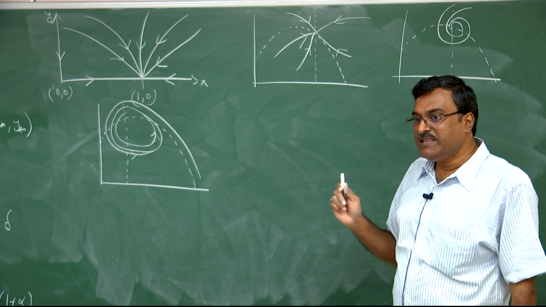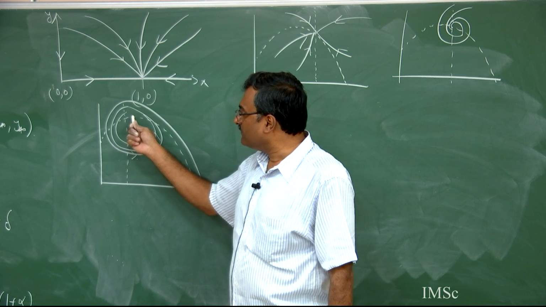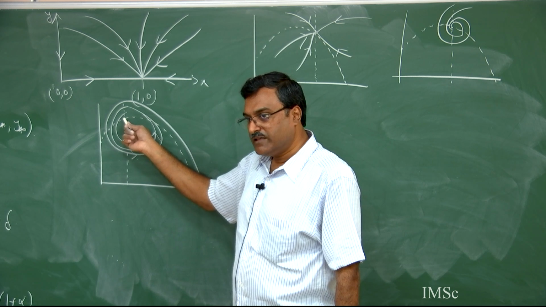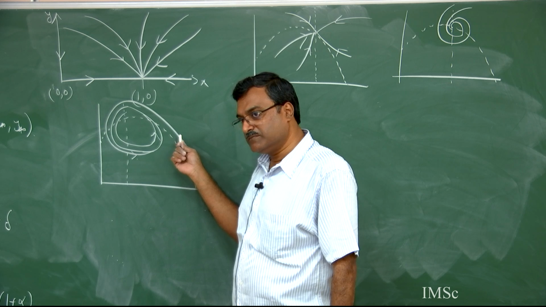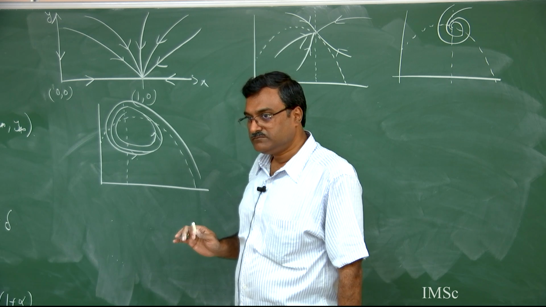So geometrically in this case we can say that if this vertical line lies on the left hand side of the maximum of this parabola, then this equilibrium point is unstable. If it lies on the right hand side of this particular vertex, then it is stable, right.